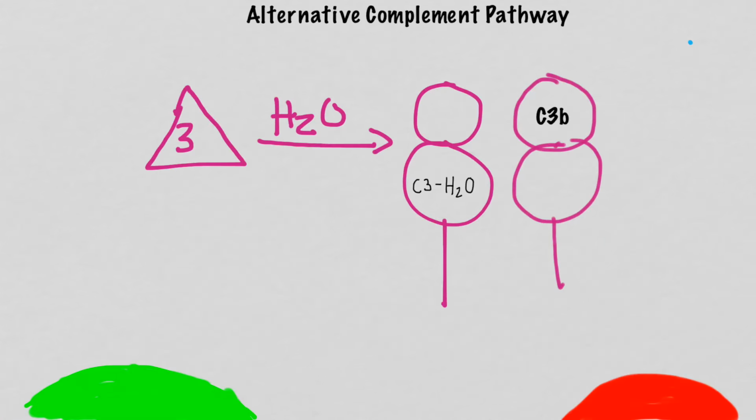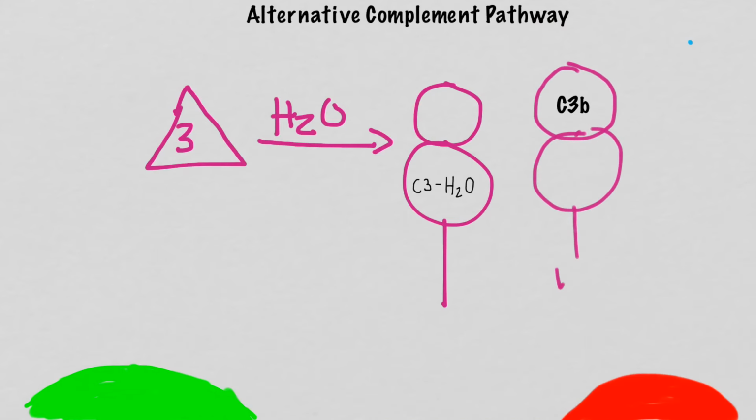Now, if C3 is constantly hydrolyzed into C3H2O, which constantly leads to the creation of more C3b, how do we stop the alternative complement pathway when we need to? We don't stop it if we want to move forward, creating opsonins and inflammation and bacterial death. But let's say that C3b over here binds to one of our host cells. Well, it turns out that there are 2 types of surfaces in this world.